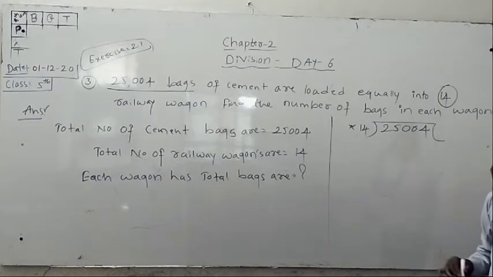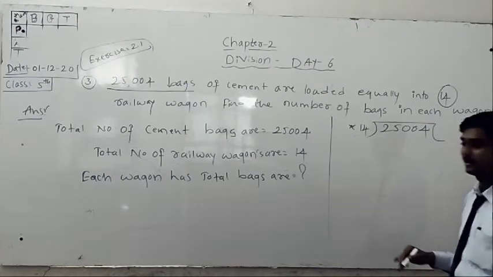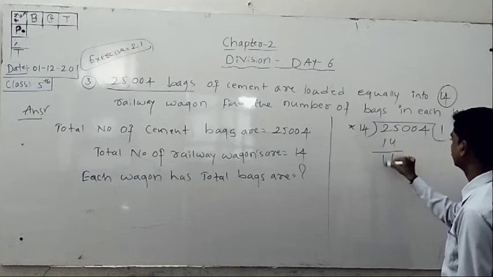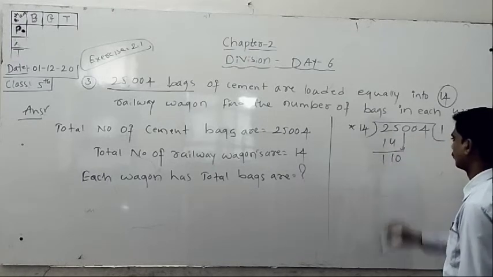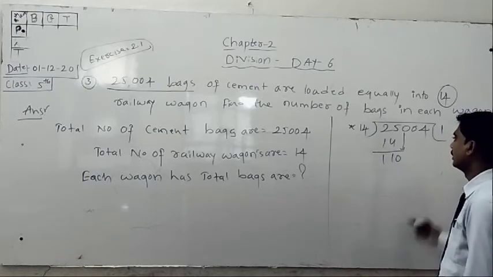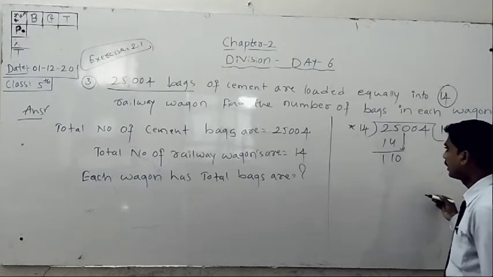14 to the 28. Not 25. 1 is the 14. Then it is 0. Then is 110 in the table of 14 or not?